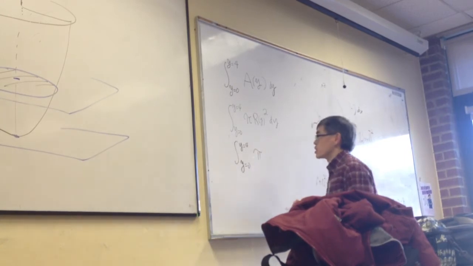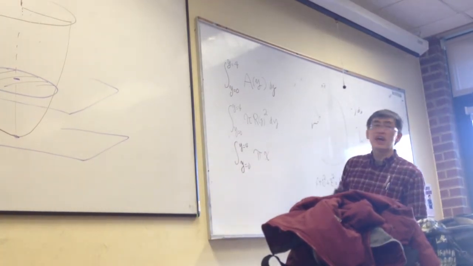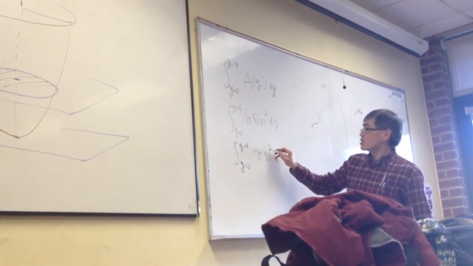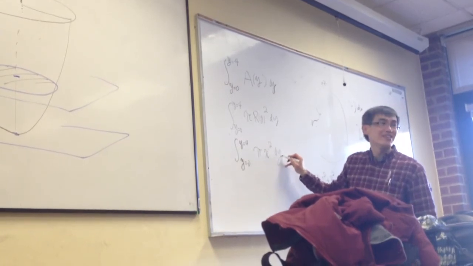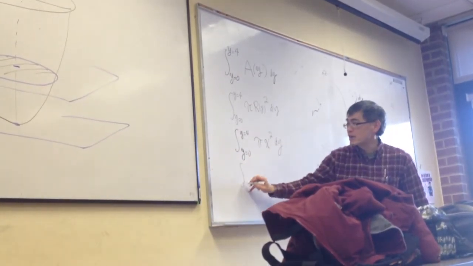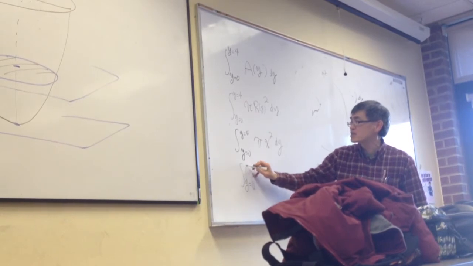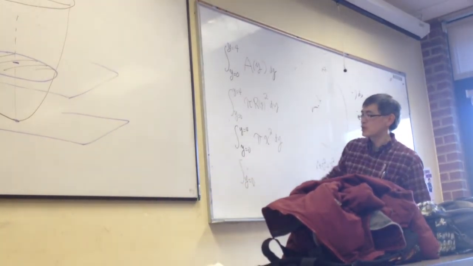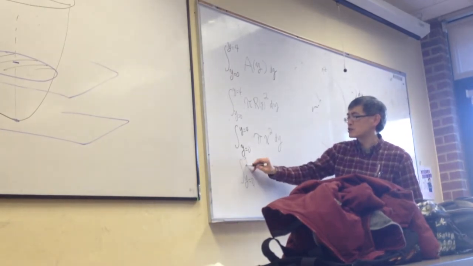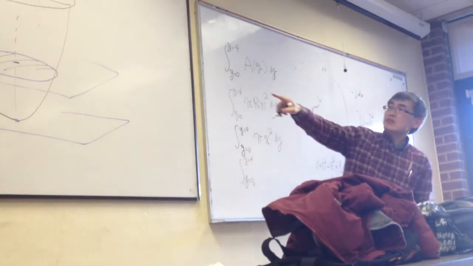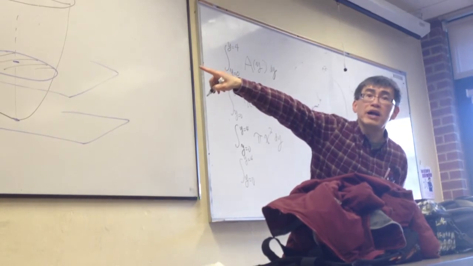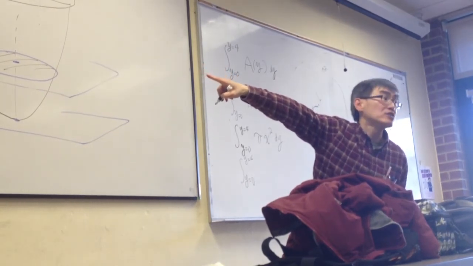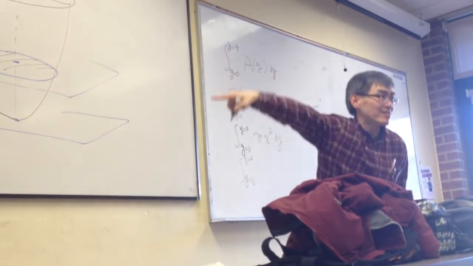Pi times the squared radius. The radius is nothing other than x. Squared, dy. But bear in mind that when I write x, I have in mind that x is controlled by y, so you can really express it in terms of y. That's what that equation is about. y equals x squared, so x squared is y.